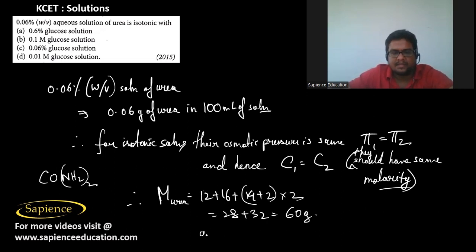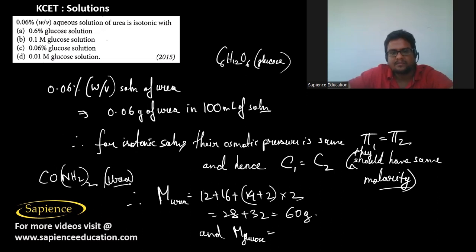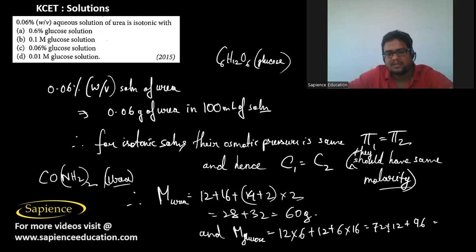And the molar mass of glucose, as we know, glucose is C6H12O6, and CONH2 is called urea. So the molar mass of glucose will be 12 into 6 plus 12 plus 6 into 16. So that is 72 plus 12 plus 96, so this is 180 gram.